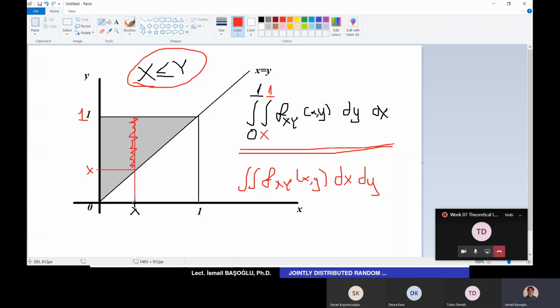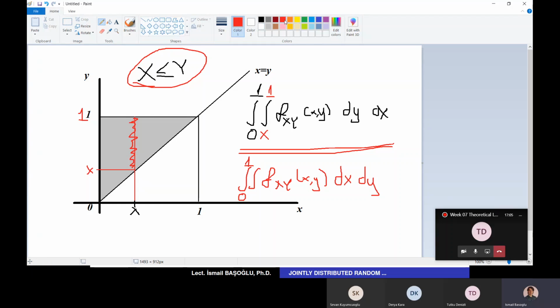In that case, you start from the outer integral again. According to the outer integral here, y can take values from 0 to 1. So in this shaded gray region, the least and the maximum possible value that y can take is from 0 to 1.